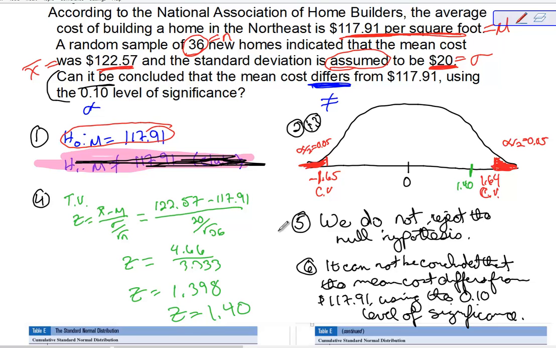And then work on these 6 steps. These are going to be huge. This is what statistics is all about. You're using everything that you have learned in statistics up to this point and putting it all together. You're making those inferences. Practice some of these and then let me know if you have questions.